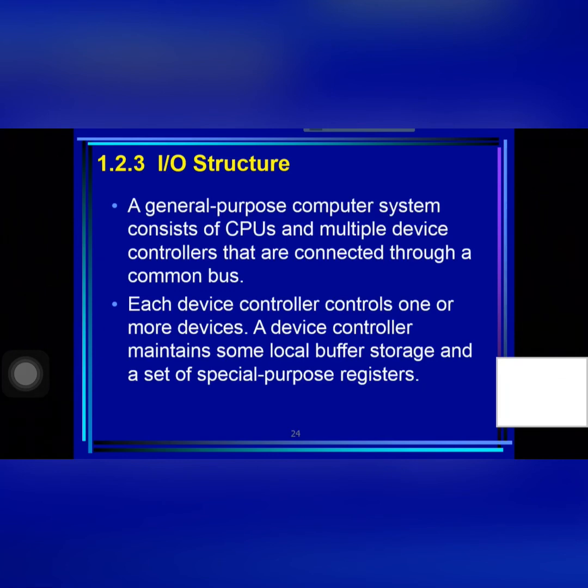A device controller maintains some local buffer storage and a set of special-purpose registers. The device controller is responsible for moving the data between the peripheral devices that it controls and its local buffer storage. Typically, operating systems have a device driver for each device controller.